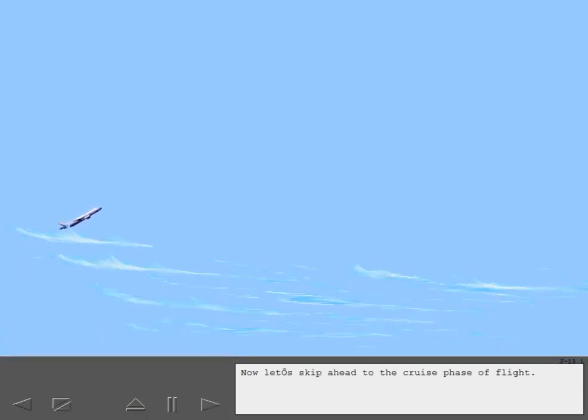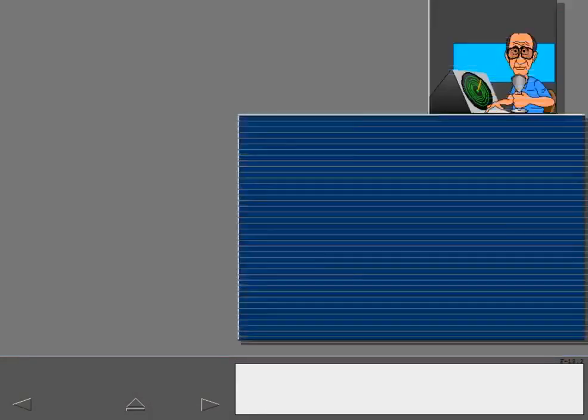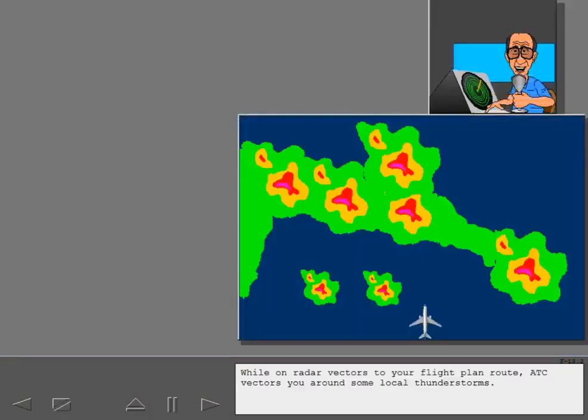Now let's skip ahead to the cruise phase of flight. While on radar vectors to your flight plan route, ATC vectors you around some local thunderstorms.